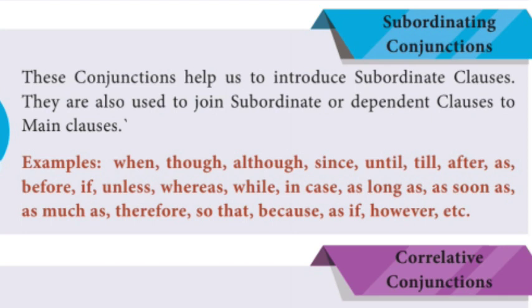They are also used to join subordinate or dependent clauses to main clauses. What are the keywords? When, although, since, until, till, after, as, before, if, unless, whereas, while, in case, as long as, as soon as, as much as, therefore, so that, because, as if, however, etc.